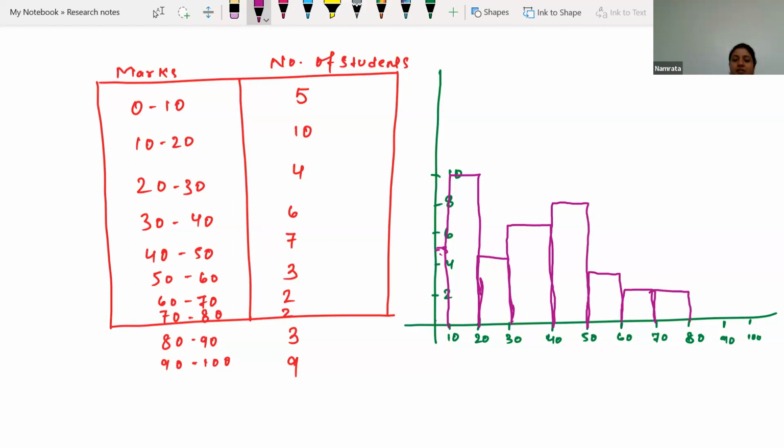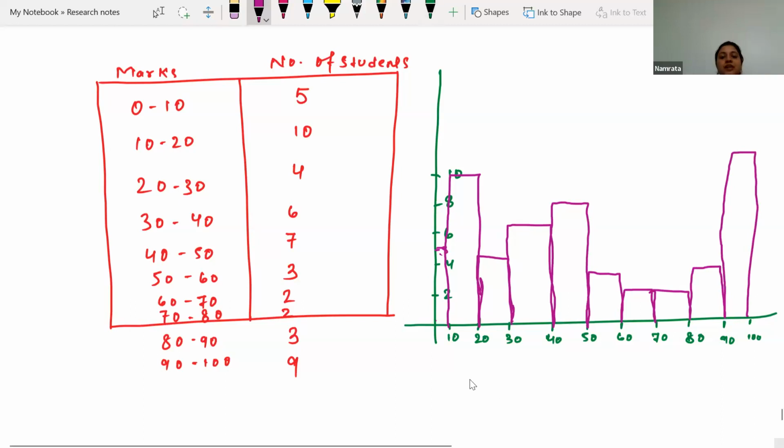Then 80 to 90, it's 3. And then 90 to 100, it's 9. Like this. Okay.